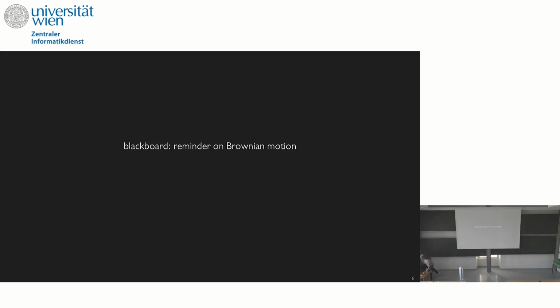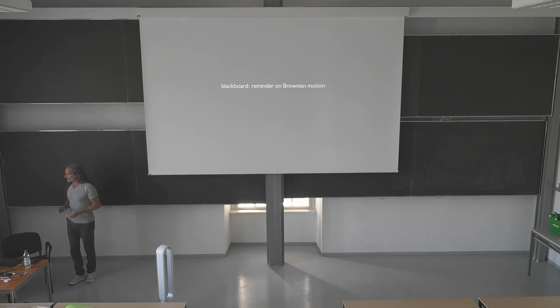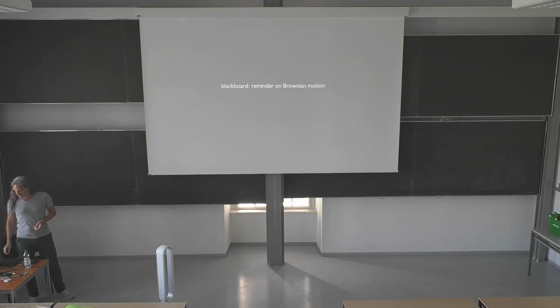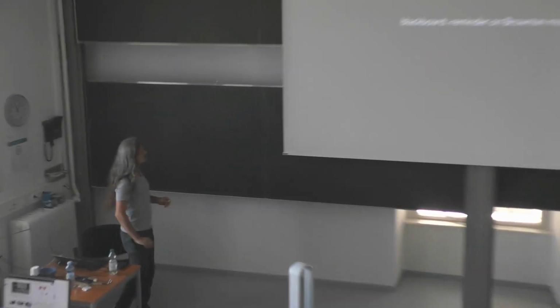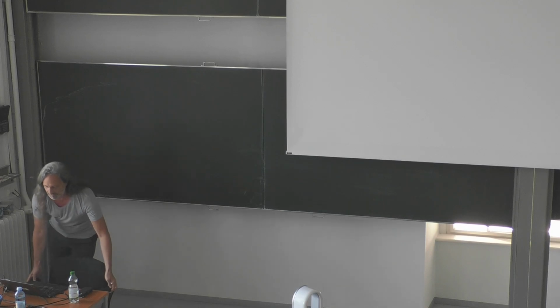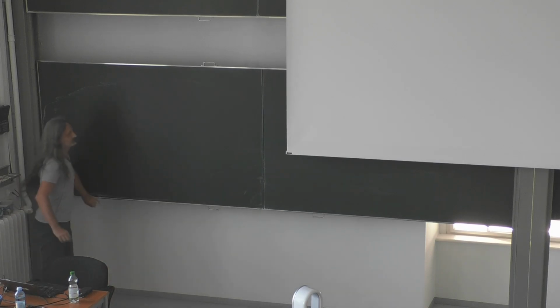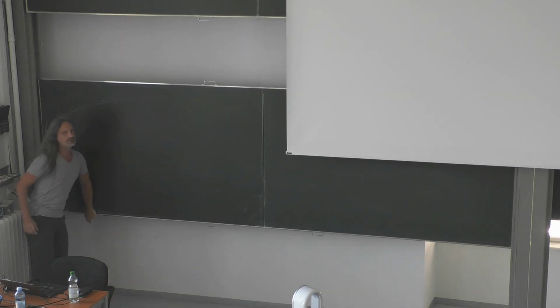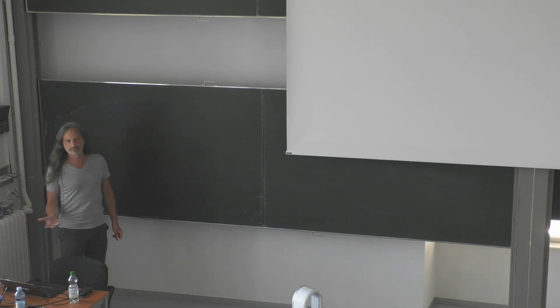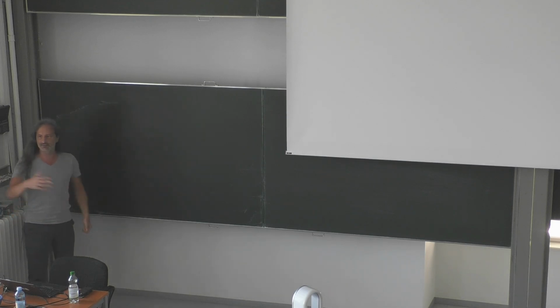We've heard a lot about the basic concepts already. I try to be very gentle and kind of reintroduce a lot of terms that we will talk about. So I want to talk about colloidal suspensions, maybe towards the end of the talk also active colloidal suspensions.